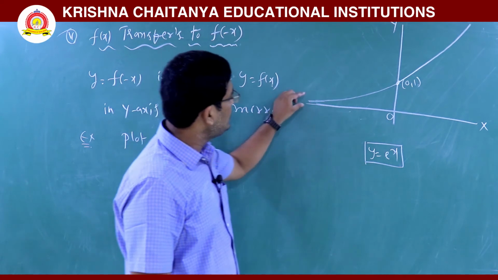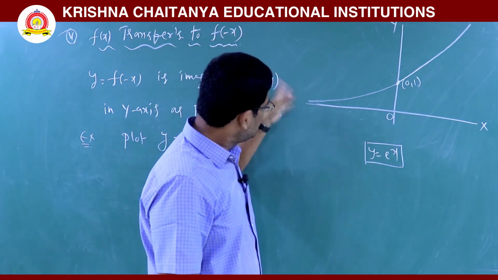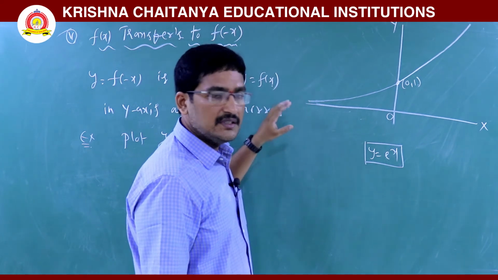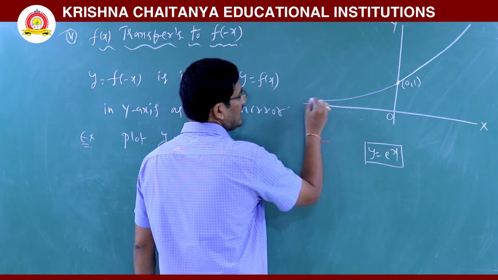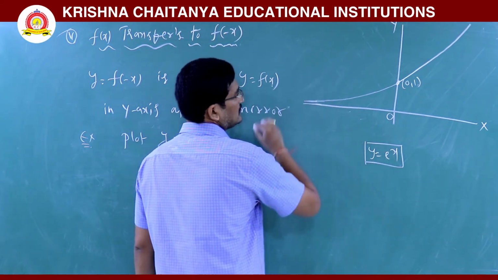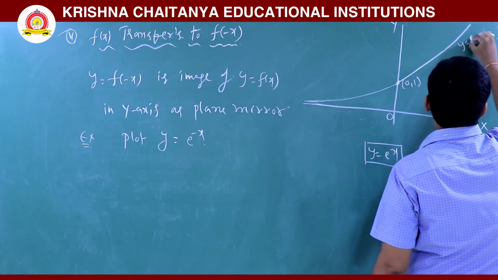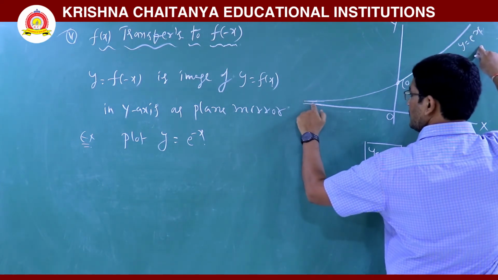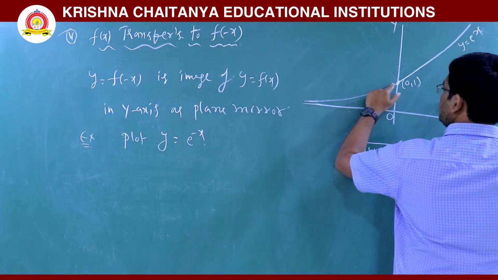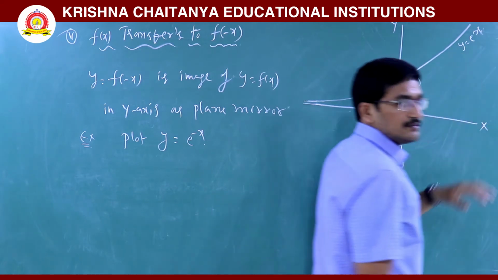The x-axis and this curve meet only far away, at an infinite distance, so you have to leave the gap here. This is the curve y equal to e power x: e power minus infinity is 0, e power 0 is 1, e power infinity is infinity.